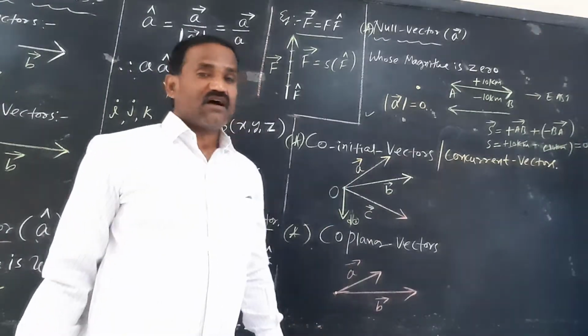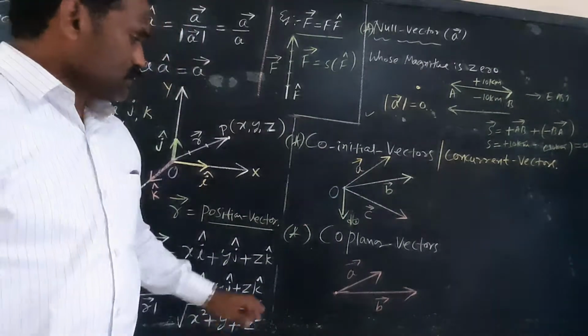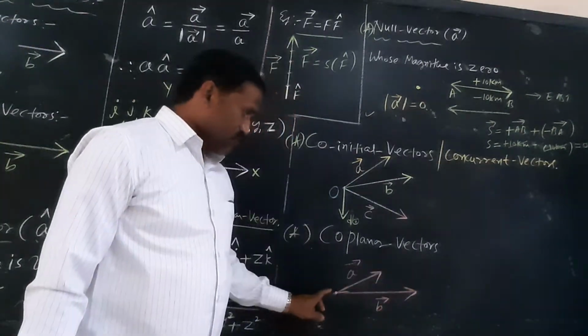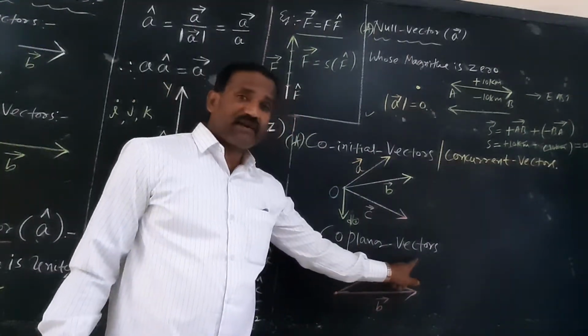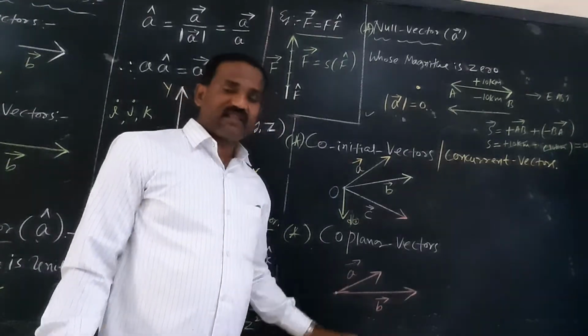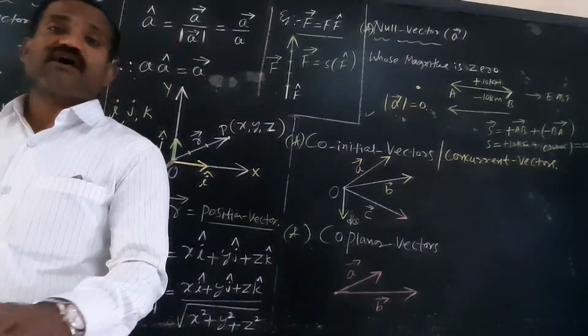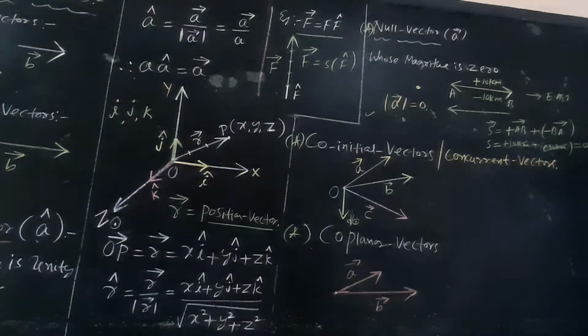Still they are coinitial vectors or concurrent vectors. What are concurrent coplanar vectors? Same initial point and acting on the same plane. Then they are said to be concurrent coplanar vectors. Please copy the things.